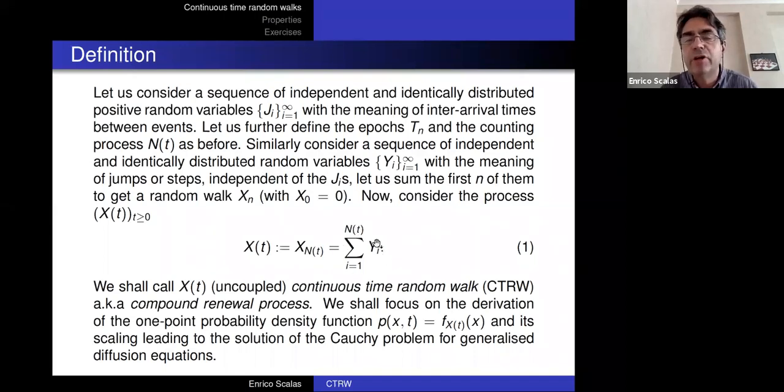Or if you prefer, we sum a random number of Y_i. In this definition, implicitly, X at time 0 is 0. And I have not written this explicitly, but I have done this here explicitly. And so this object we call continuous time random walk, also known as compound renewal process.